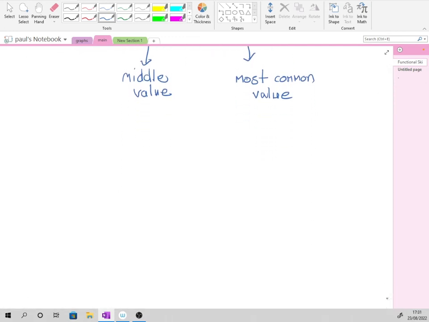So the mode. So we've got what we call a data set. And a data set is just a load of numbers, basically, yeah? 2, 3, 5, 9, 12, 14, 14, and 18. And the mode is the most common.